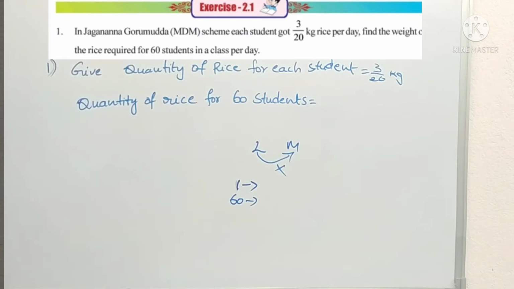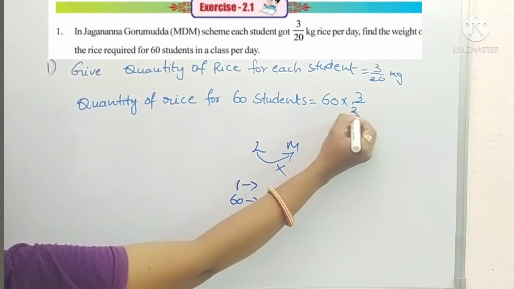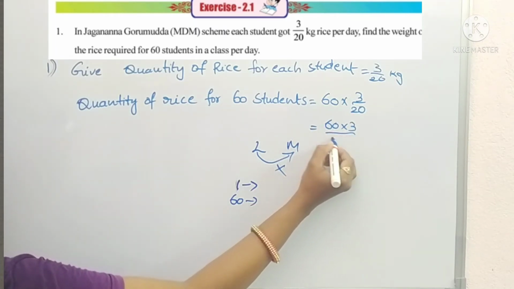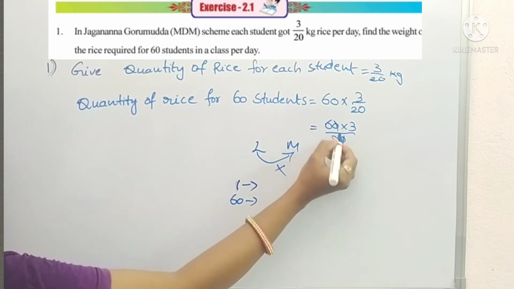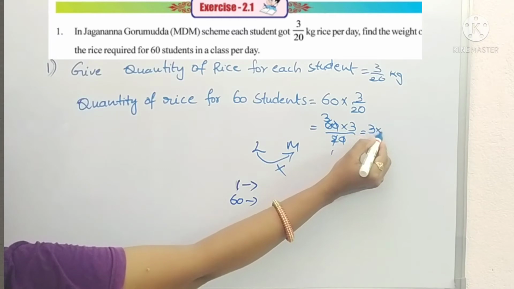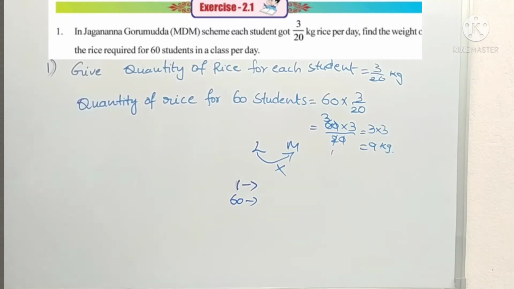So we have to multiply: 60 into 3 by 20. Here 0 gets cancelled, 2 ones, 2 threes. So 3 into 3, that is 9 kgs. So what is the quantity of rice for 60 students per day? It is 9 kgs.